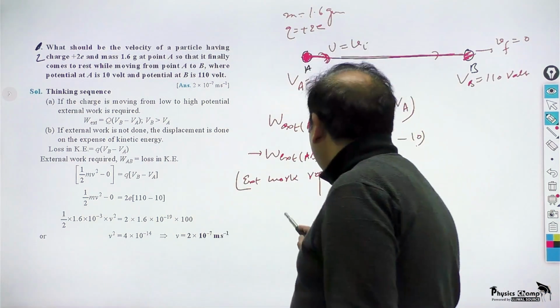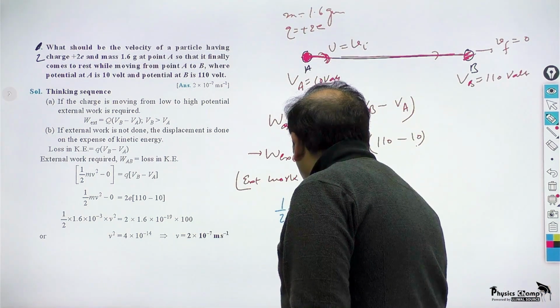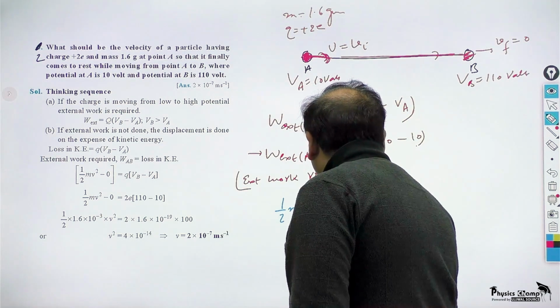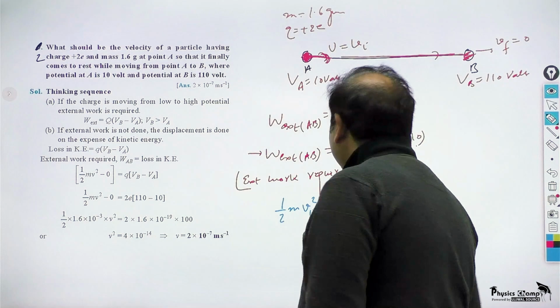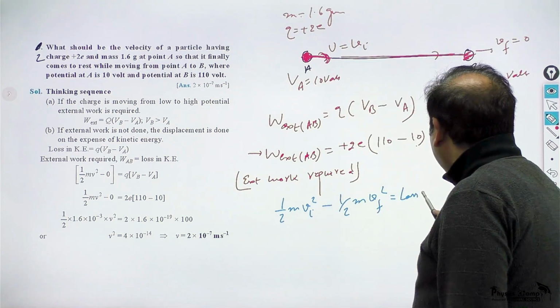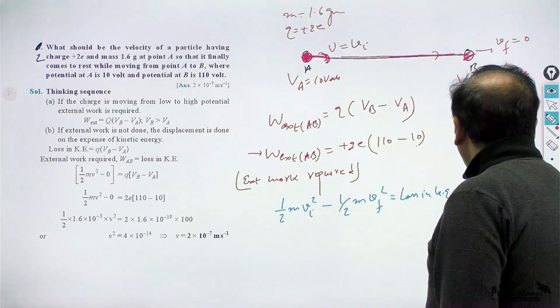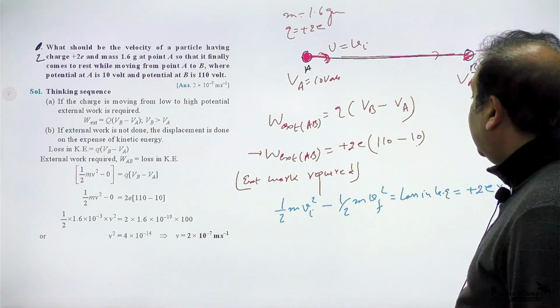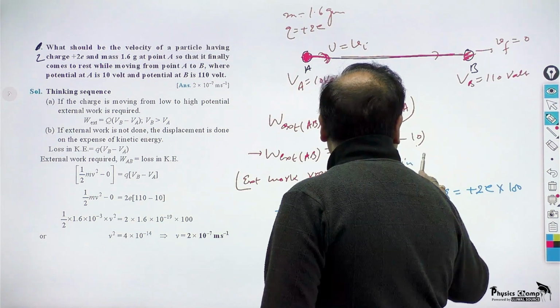It is half m v initial square minus half m v final square. So it is the loss in kinetic energy, which equals plus 2e into 100 volt.